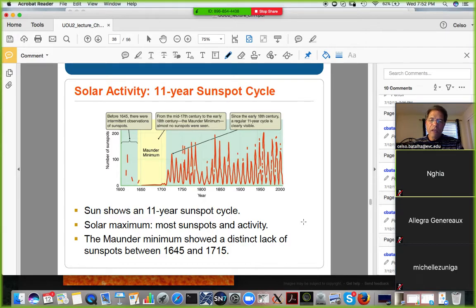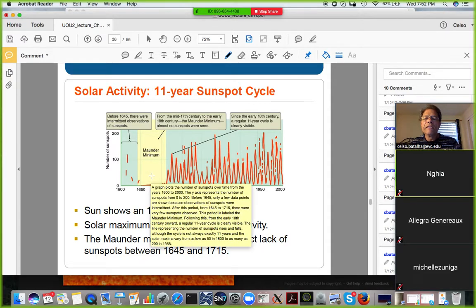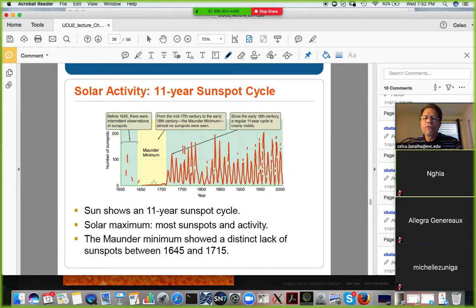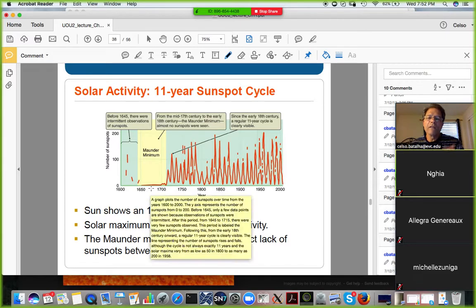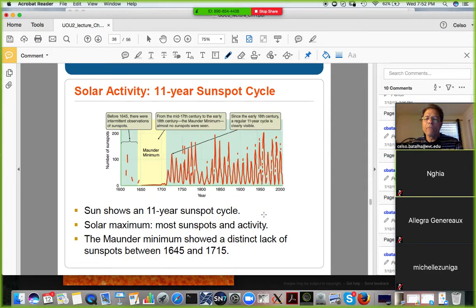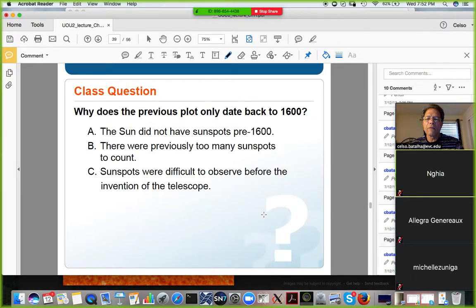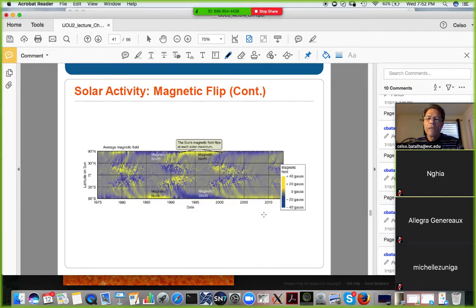So there is a lot of work done in trying to connect solar activity with weather patterns here on Earth. And there is a period where the sun was not observed to have any spots. It's called the Maunder minimum. And then some people try to relate that with the period of drought in Europe. I don't know if this is confirmed or not, but I'm just saying. Everybody says so, so I will say too. And pretty much that's it.